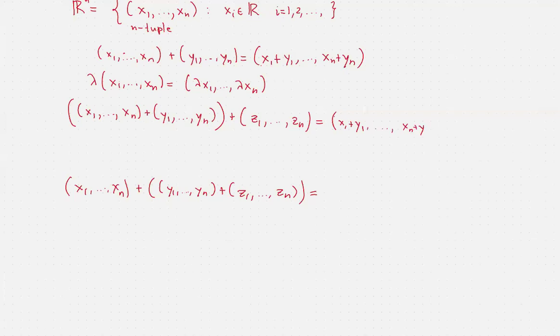So now, typically one would say, well, when you add up these two things, you find, for example, on the first coordinate, x1 plus y1 plus z1, and I could write it right away.